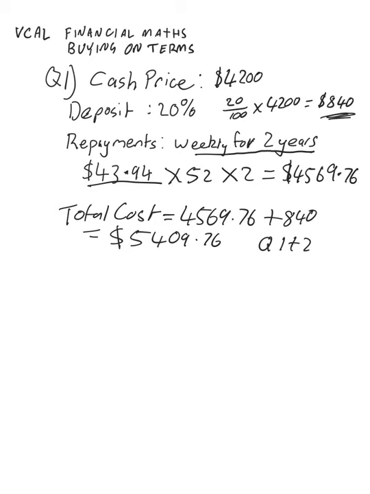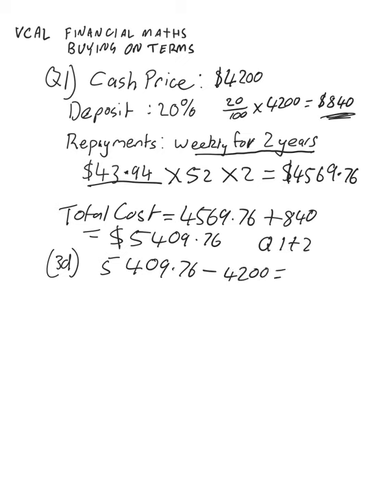So first of all, for like question 3D, it says how much extra did you pay, or how much interest did you pay. Effectively, the extra you're paying is interest. Okay, so we paid $5,409. We could have paid $4,200 if we paid cash.